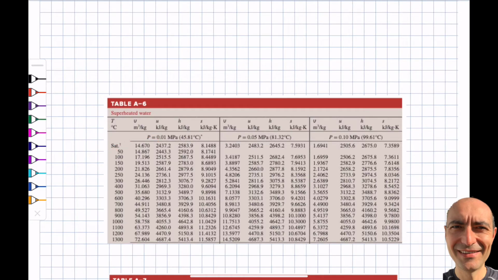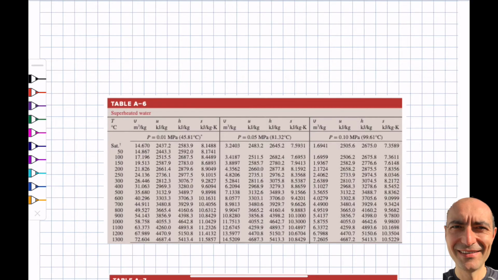As we discussed before, if the pressure is 0.05 megapascal, I have one single saturation temperature. And you can see over here, the first one is the saturation, listed as 81, so it doesn't make sense to have 50 because it's not a superheated water, right? The temperature must be above this value to have it superheated by definition.